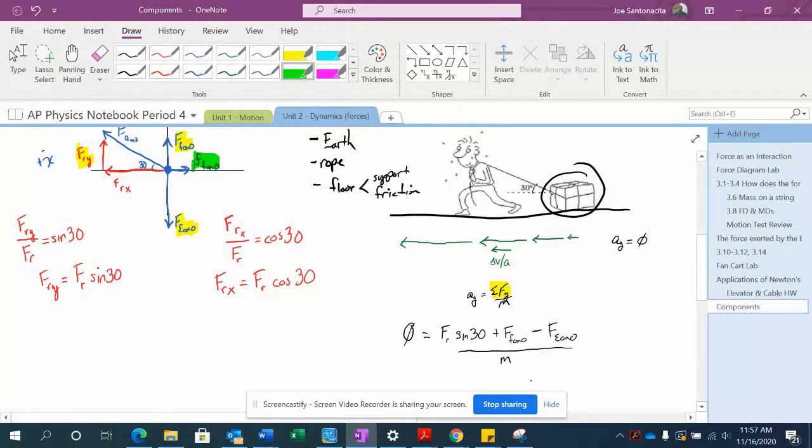Horizontally, we have two forces exerted. We have the rope in the x direction, and we have friction in the negative x direction.